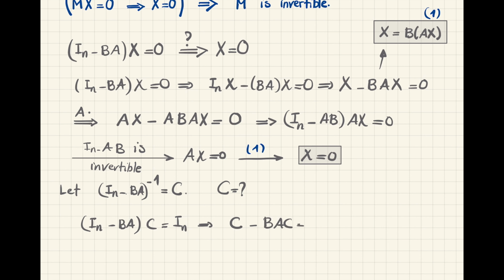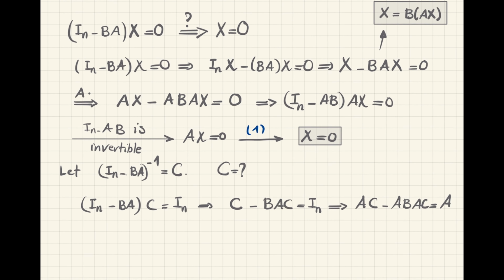On the right hand side I will have I_n. Then I multiply both sides by A again, so this becomes ABAC. On the right hand side I will have A. Then I can factor AC out from the right, exactly the way that I did before. So this becomes I_n minus AB, and then I will have AC, and then I will have A.